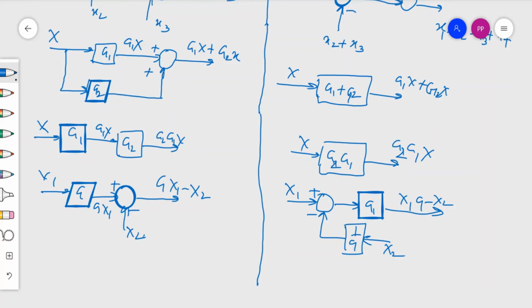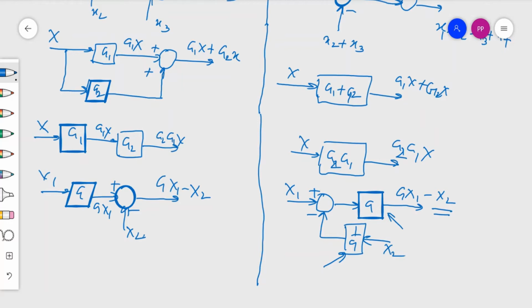So when the signal enters G, we should have this signal as G X1 minus X2, because the 1 by G applied to X2 is nullified by this G, so X2 will not have any coefficient other than 1.